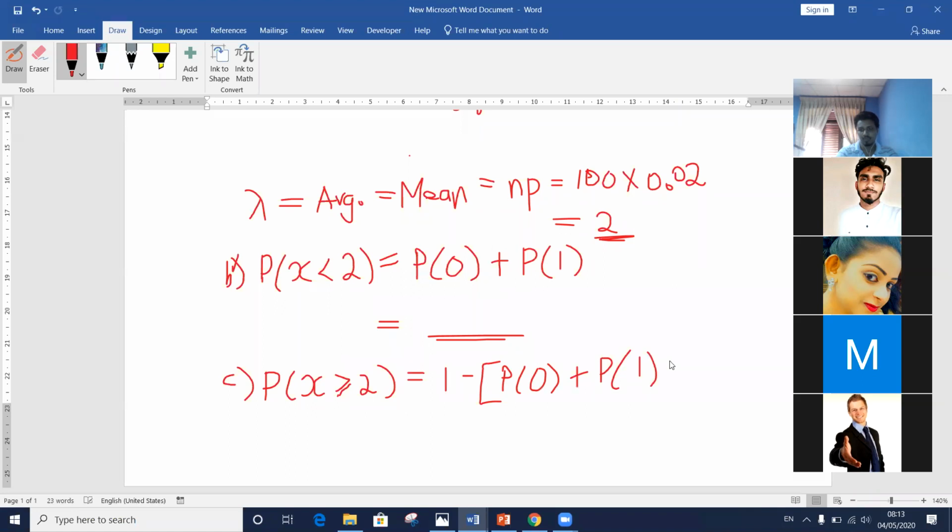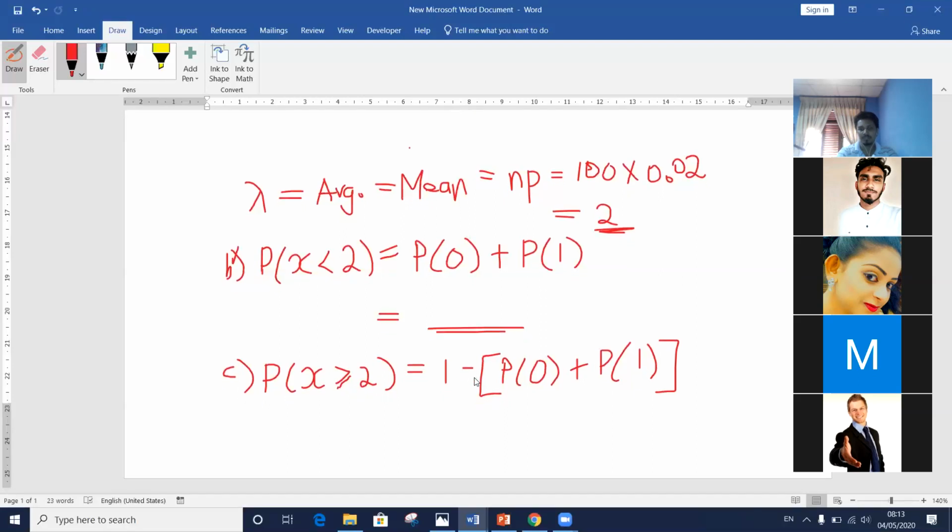Can I consider 2 here? Can't, right? At least 2 defective items කිව්වොත් 0 and 1 විතරයි එන්නේ නැත්නම් ඉතුරු ටික ඔක්කොම මේකට එනවා, right?